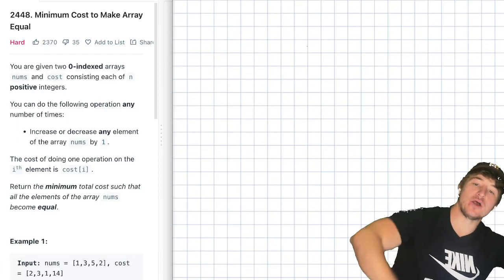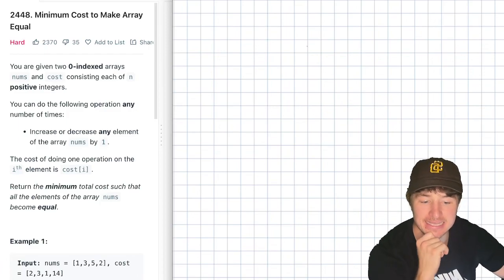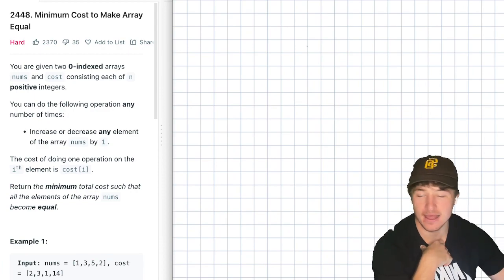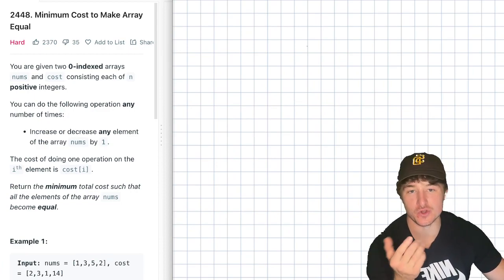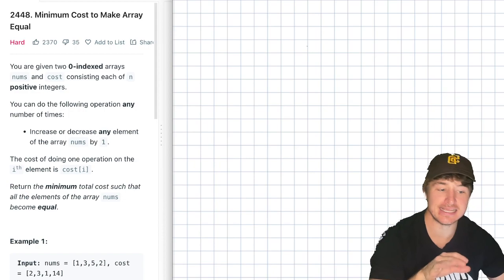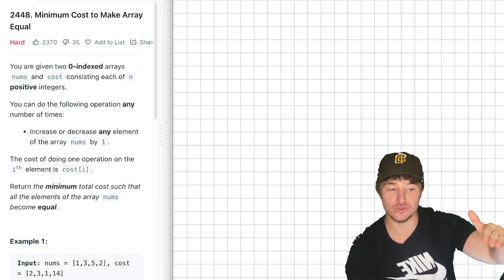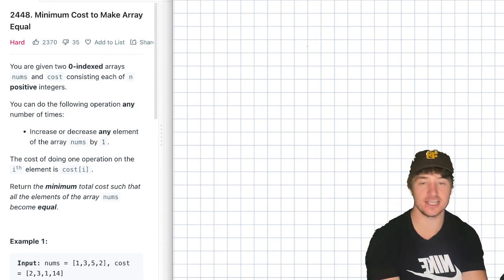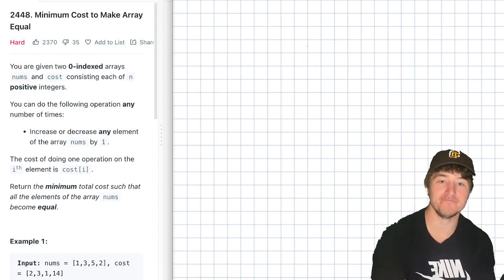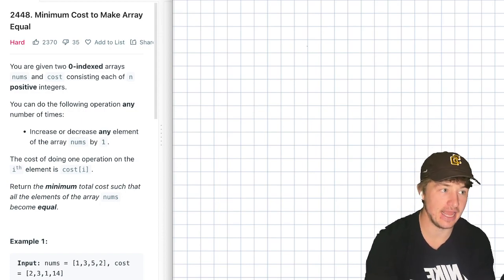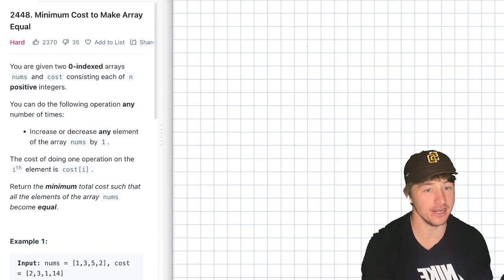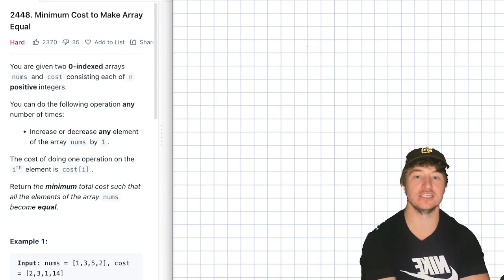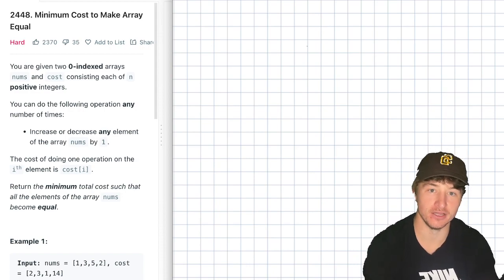All right, guys, today we're gonna do problem 2448, minimum cost to make array equal. I initially decided to create a video solving this problem because I felt that most of the solutions within the discussion section are far too complicated and rely too heavily on a strong, college level math fundamental understanding.